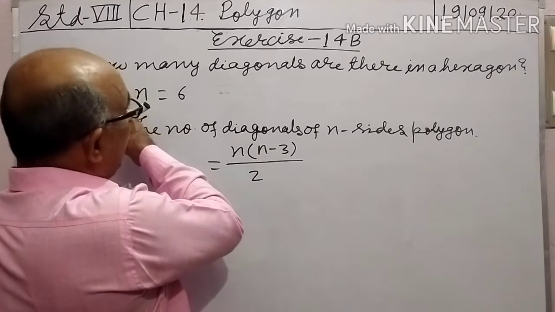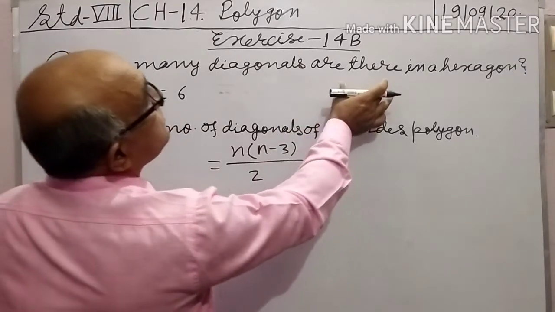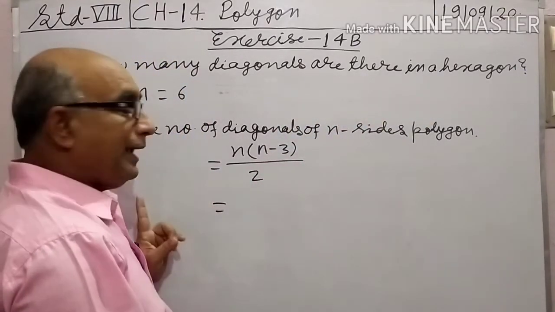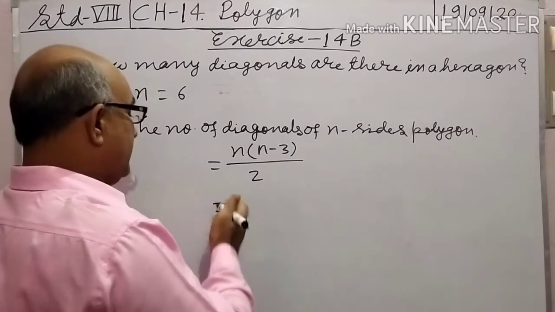The value of n is 6, because a hexagon has 6 sides.